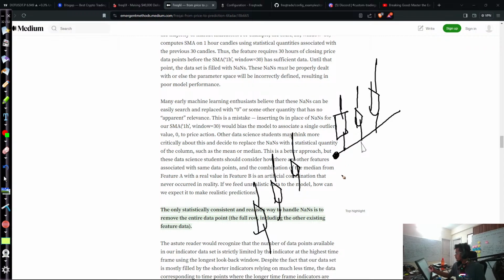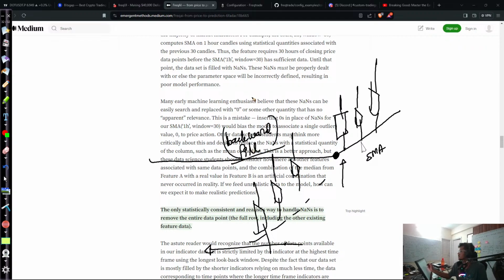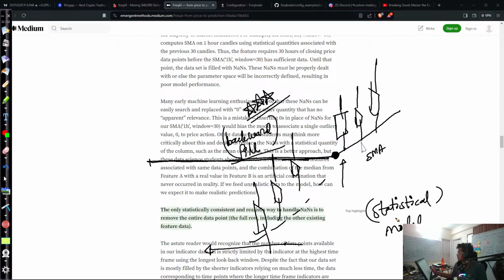Here your starting point is this for the SMA. Now you don't have data points for this part, so what you do is take the first value and set all the earlier values to that value. That's what we call backward filling. Backward fill is very important, so you guys should take a note of it. This is our initial condition, to be honest. If you do it with a statistical model, it's not always right, so just keep that in mind.